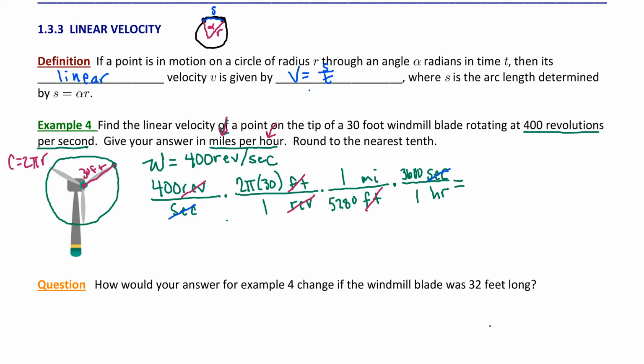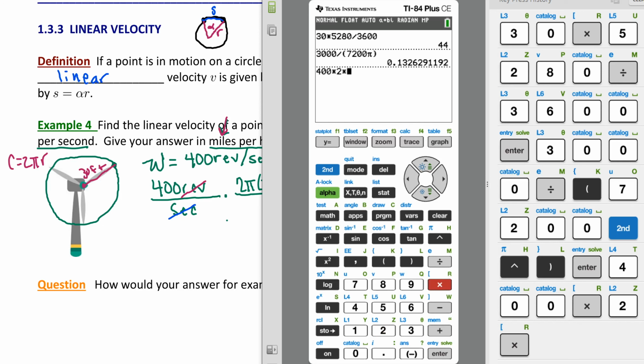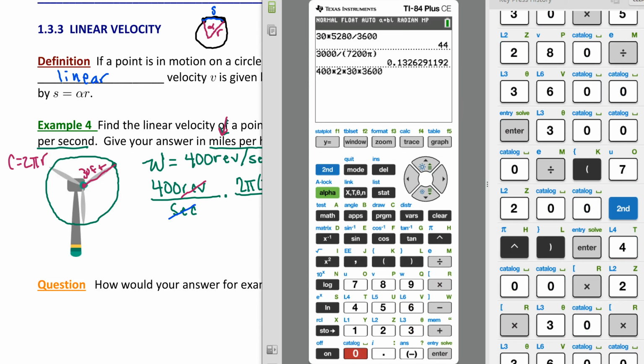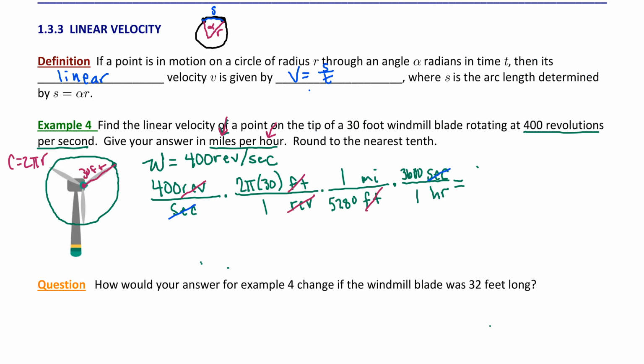So we need to multiply 400 times 2 pi, and I'm going to leave off the pi in my calculation. I'm just going to multiply the constants. 400 times 2, leaving off the pi, we have a 30, and also in the numerator we have 3,600. So the product in our numerator is quite large. We have 864 followed by 5 zeros, and then don't forget a pi.